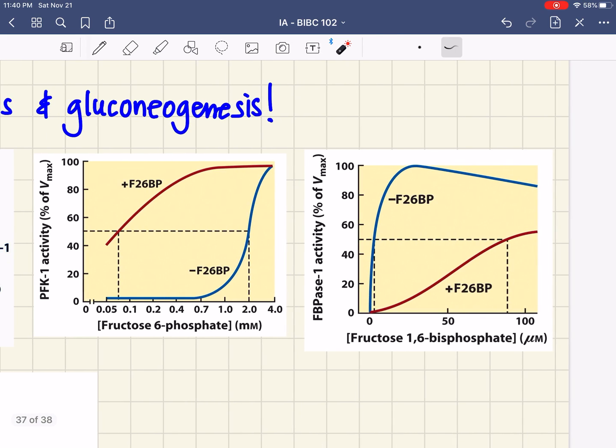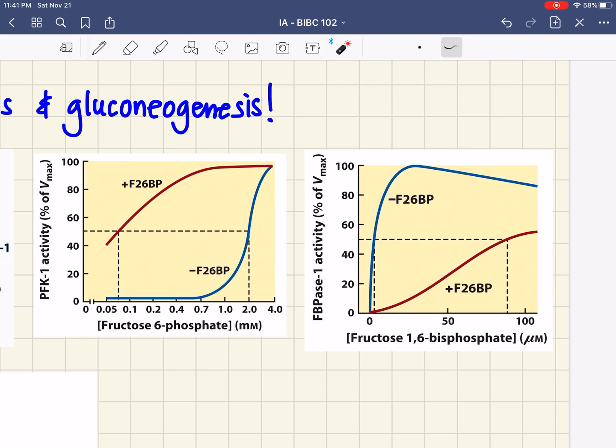Let's go over these graphs because this might not be very intuition friendly for some people. So remember that... wait, no, don't remember anything. Right now in this graph, we're looking at phosphofructokinase 1 activity, okay?